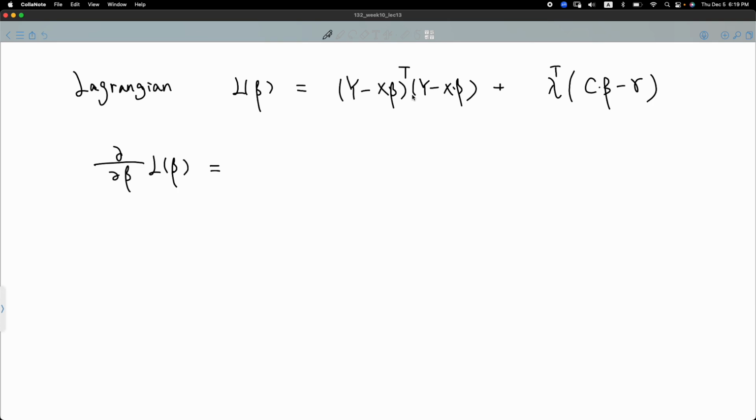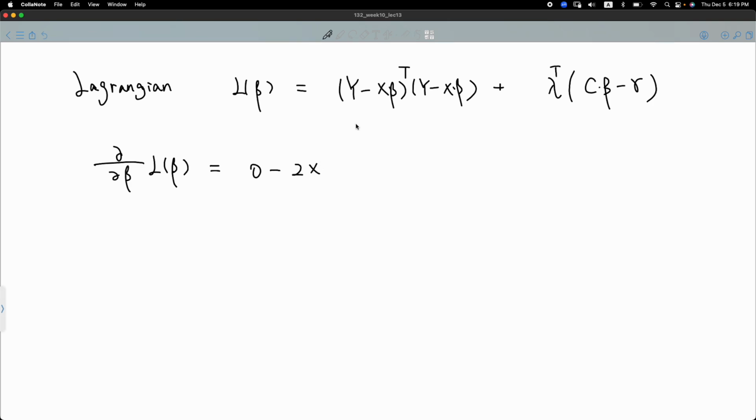Okay, so this part is nothing different from the linear regression model. So you will still have the result from when we solve the linear regression model. And now I'm just going to write down without showing some of the details.